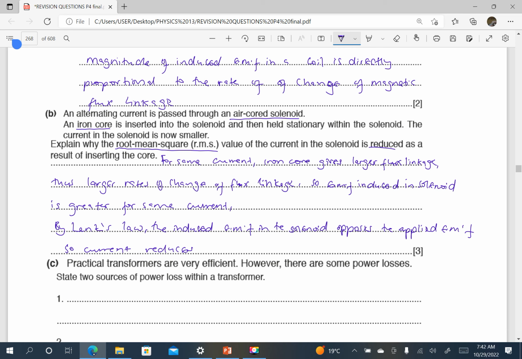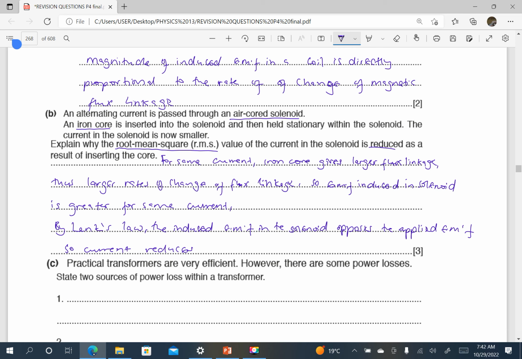The changing magnetic flux inside the core will also cause an induced EMF in the solenoid or in the coil, which again will act to oppose the EMF which was applied to the coil. So that means it would reduce the current flowing in the coil. That is by Lenz's law.